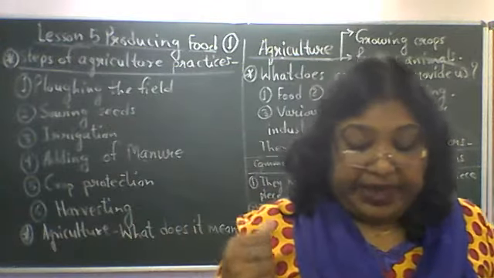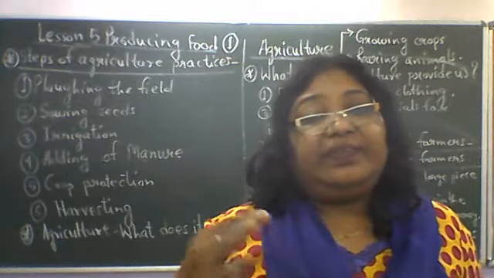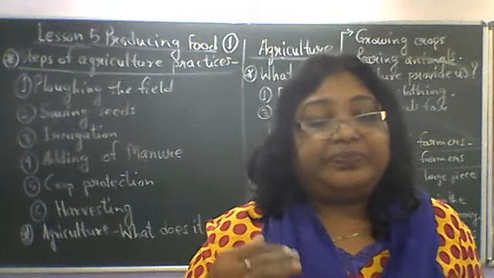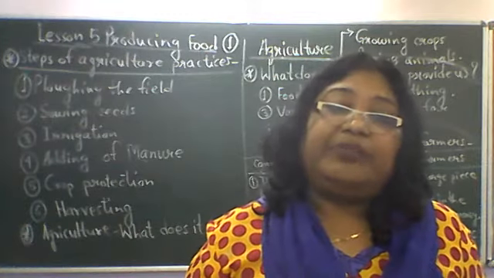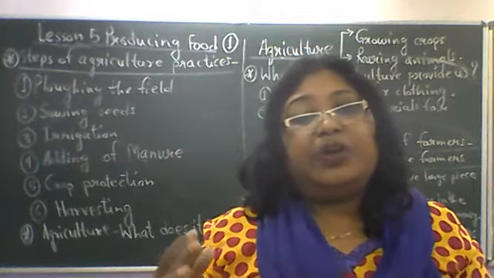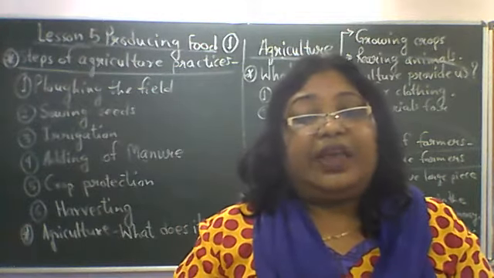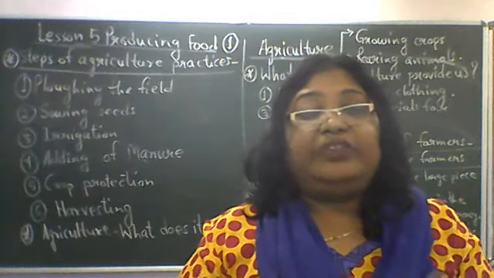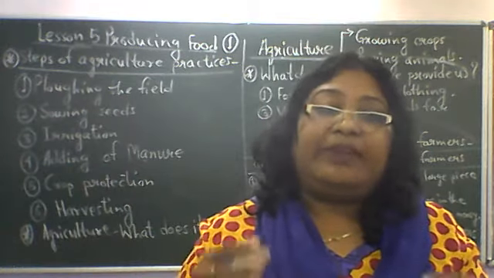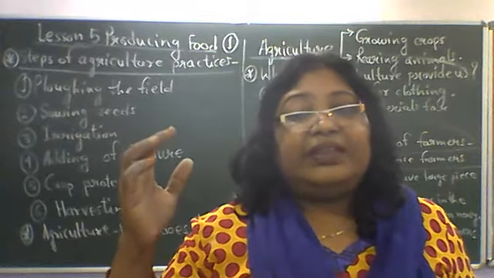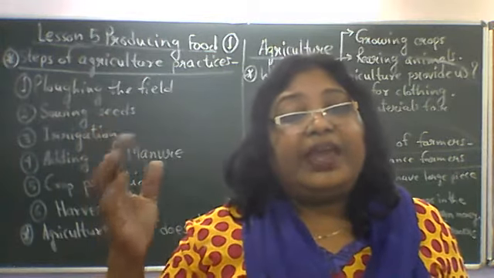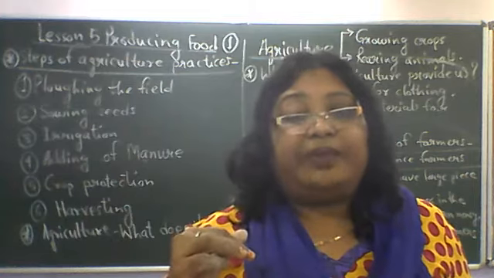On the other side, subsistence farmers. These subsistence farmers are the poor farmers. They have a small piece of land and they grow crops which are sufficient only for themselves and for their family. They are not selling their crops, and they are poor farmers.